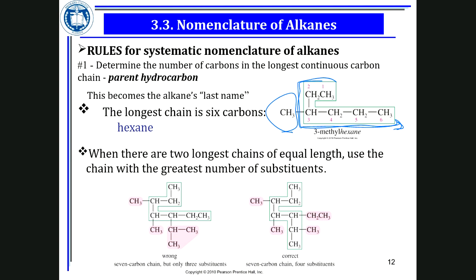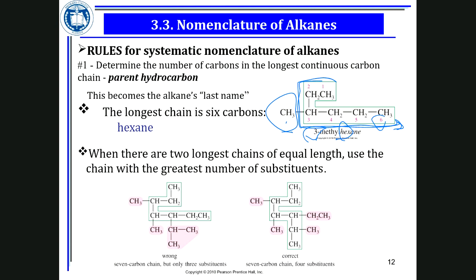On carbon number 3, you have a methyl group, so this is 3-methyl. Because there are 6 carbons in the main carbon chain, it is named hexane. So 3-methyl means on carbon number 3 there is a methyl group, and hexane means that you have 6 carbons in the major carbon chain.